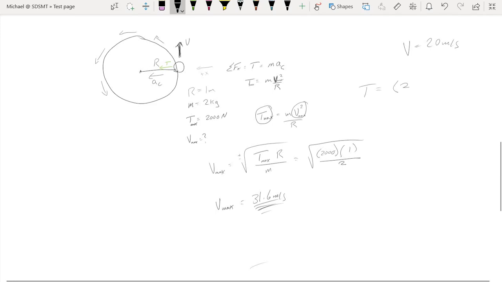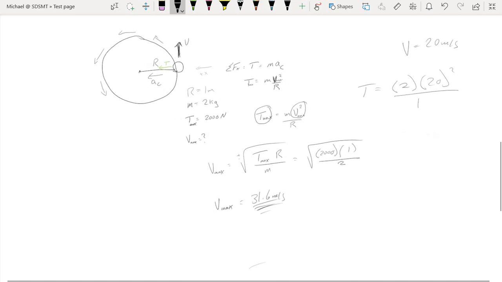Well, we have our 2 kilogram mass. We now have 20 meters per second for the speed, and we have a radius of 1. And so 20 squared is 400 times 2 is 800. 800 newtons of force is what we would have for that tension.